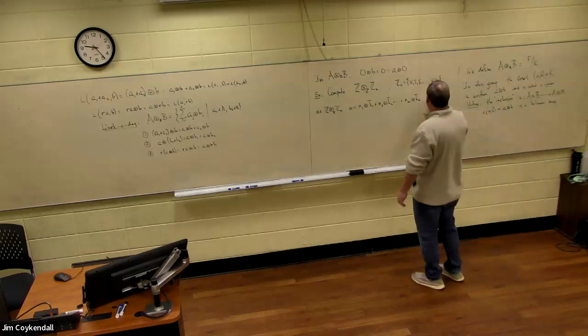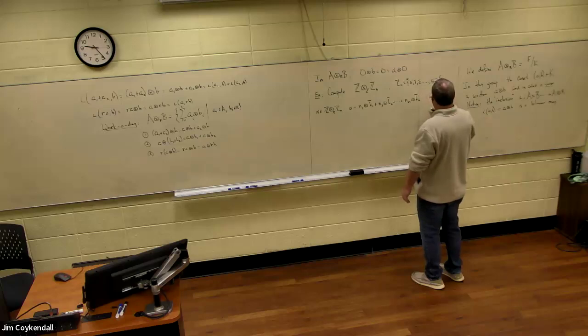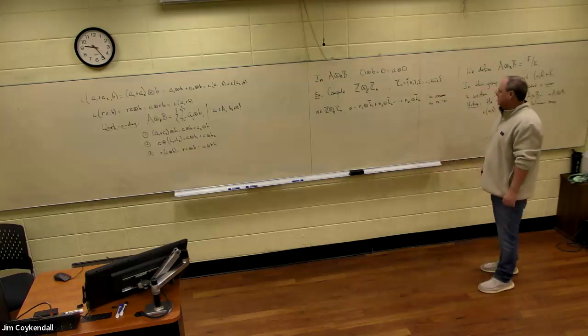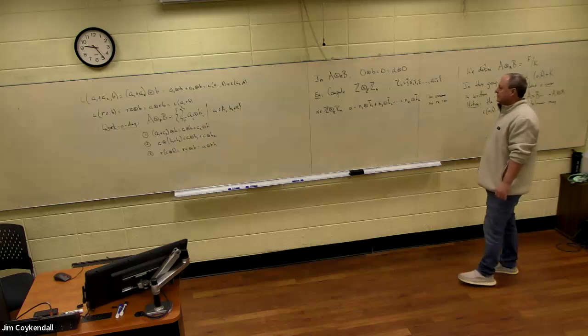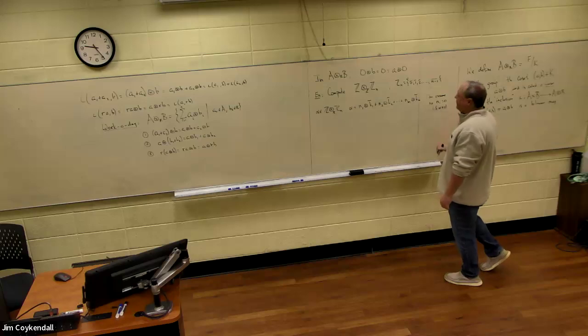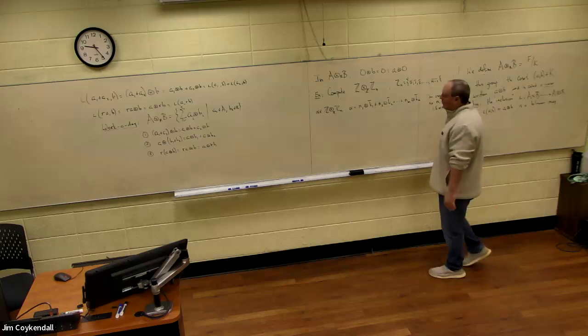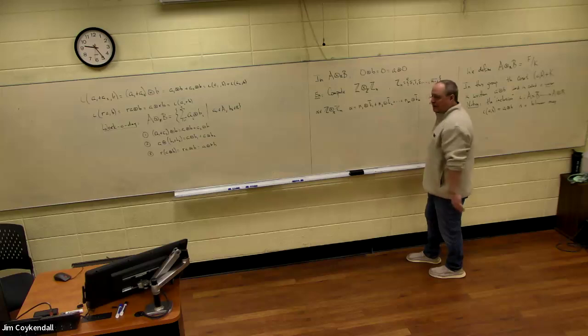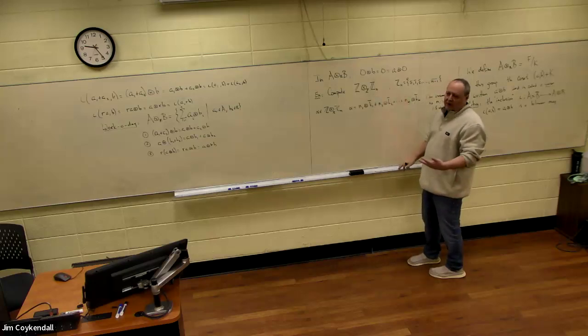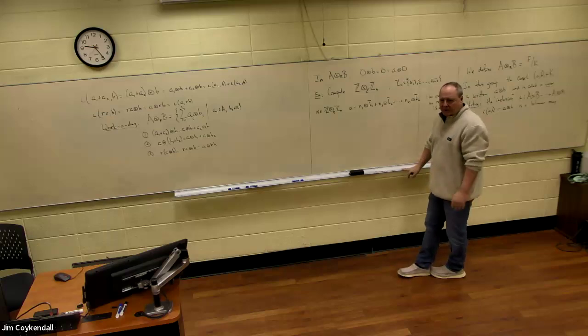We can assume no Ni is 0. So if alpha is not 0, so certainly alpha could be 0, but if it's not 0, we can assume that no Ni is 0, because if one Ni is 0, it drops out. Well, I might as well not put it there in the first place, right?